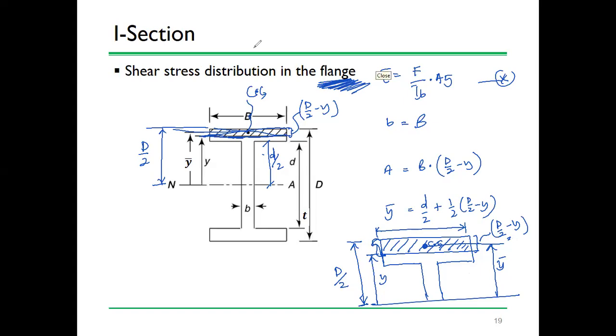So let's proceed then. What we are going to do now is substitute the B, A, Y bar into our main shear formula and then simplify it. In the next slide, that's what we are going to do. So maybe if you can write these ones down, fine.